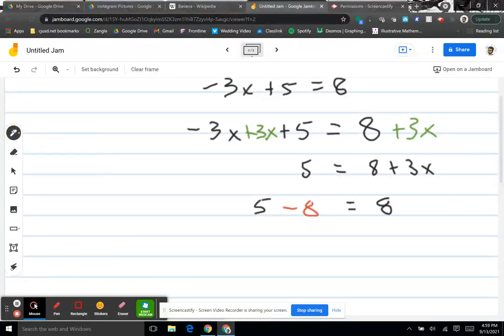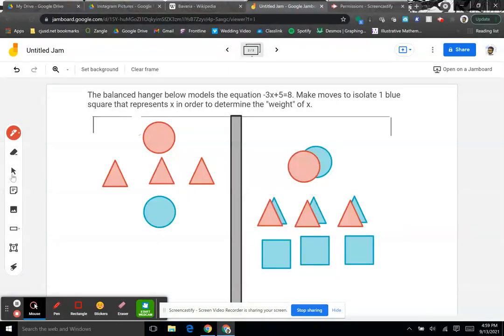We have 8 plus 3x, and to that 8, I had subtracted 8, the 3 red triangles and the 1 red circle. So now we can remove these. These are opposites. They undo each other, so they're gone. Same thing here. Those are gone.